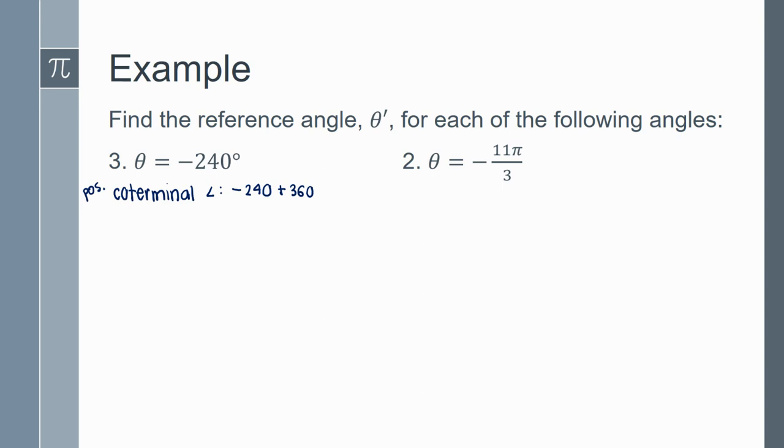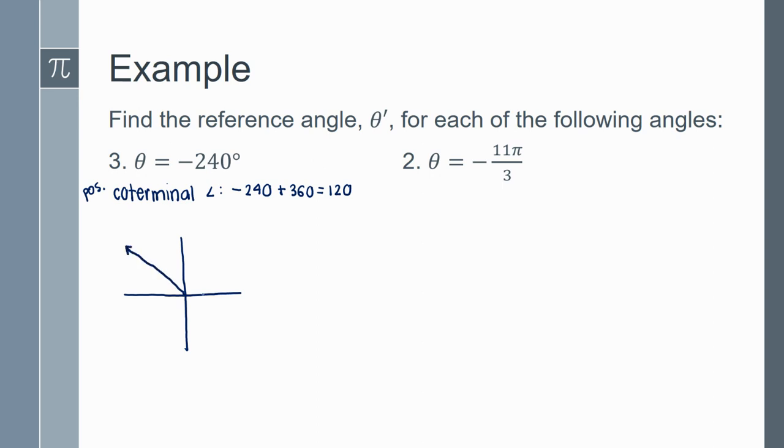And I can stop there because now I have a number that's less than 360, but it's positive. So I know that negative 240 is going to be the same spot. The terminal side is going to be in the same spot as a positive 120. And that might be a little bit easier for us if we're thinking about reference angles. But once again, if I'm thinking about my terminal side, 120 is going to fall here in the second quadrant.